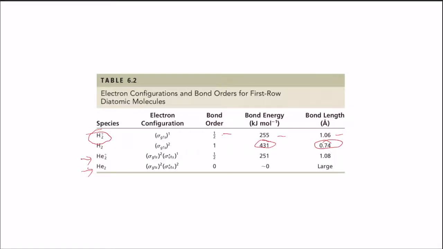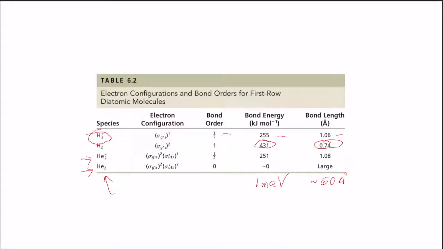If you are curious, helium 2 does exist, and if you look on the web, the binding energy is very, very small, is 1 milli-electron volt. And then the bond length is approximately 60 angstrom.